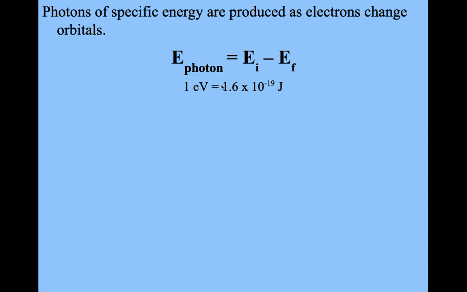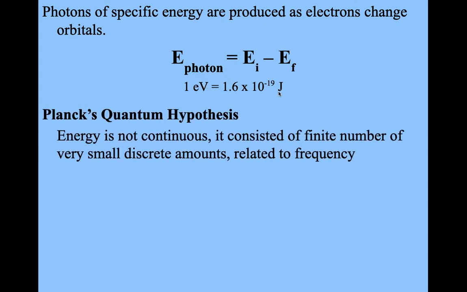An electron volt is a measure of 1.6 times 10 to the negative 19 joules. He said energy is not continuous, but comes in discrete packets related to frequency. So Planck wrote the energy of the photon, E, equals Planck's constant times its frequency.